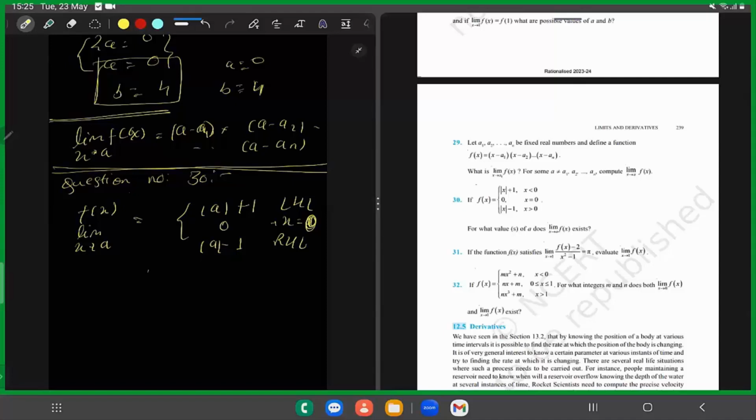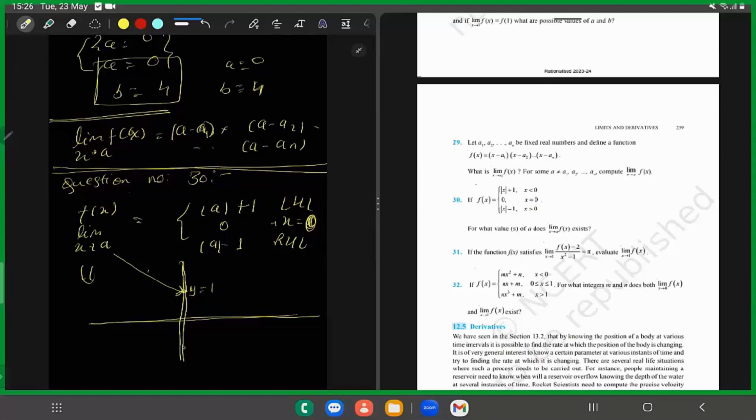If we simply draw the graph of this function, then we can observe the result more clearly. So if you draw the graph of mod of x plus 1 for x less than 0, this should be y equal to 1, and this should be the graph of mod of x plus 1.